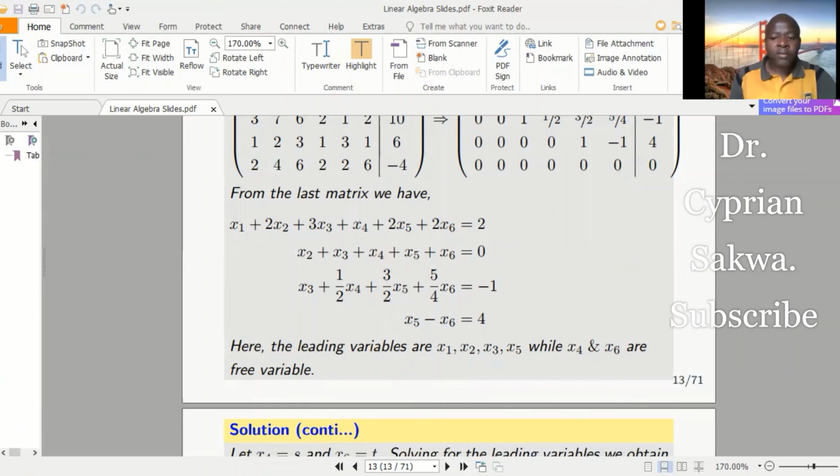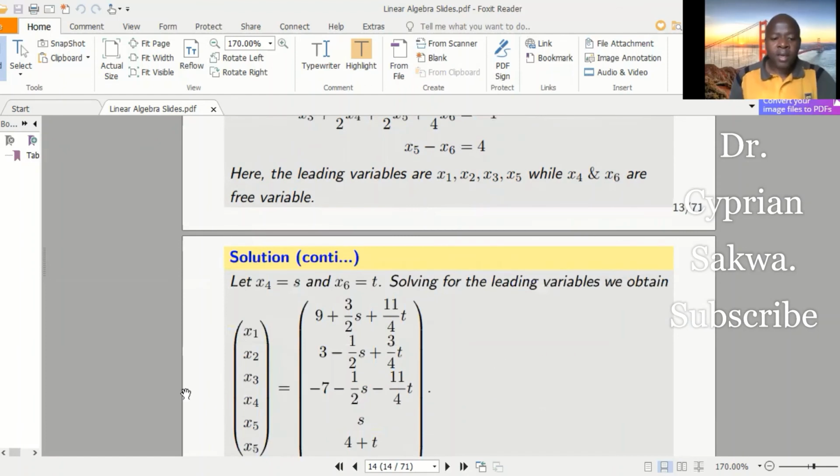So I'll assign the free variables parameters. That's what I did. I assigned x4 to be s and x6 to be t. And so I began solving.